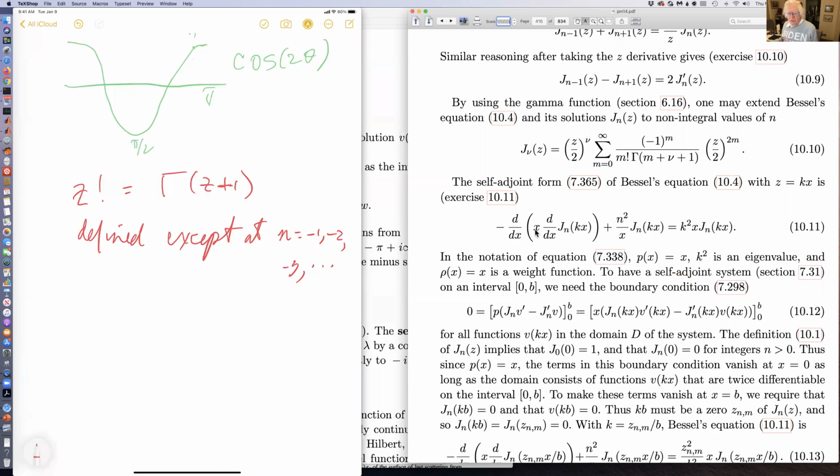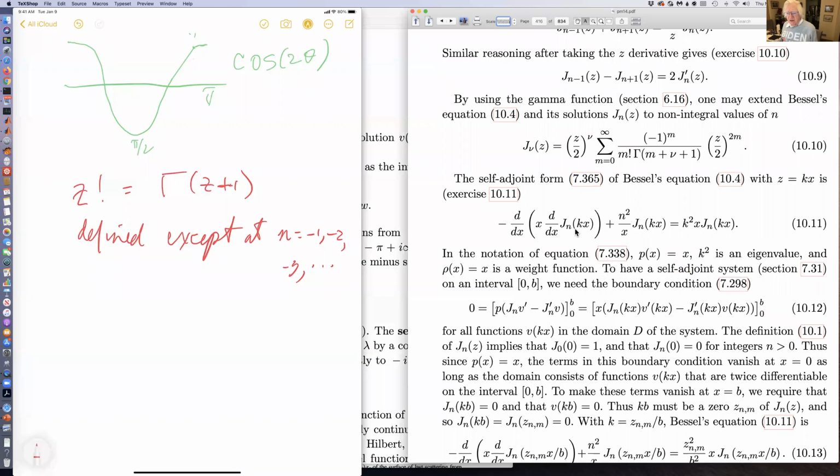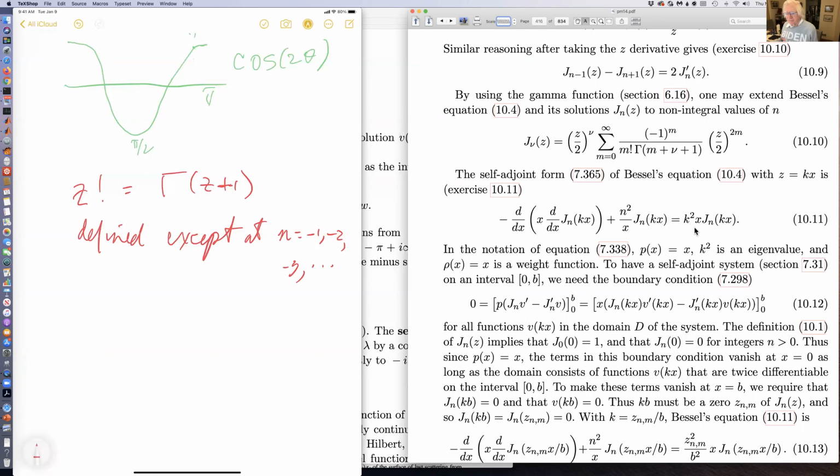What happens when you take Bessel's equation and replace z by kx is you get a k and a k and a k, so that's 1 over k. You get a 1 over k here, and when you compensate that, you get a k squared up here.